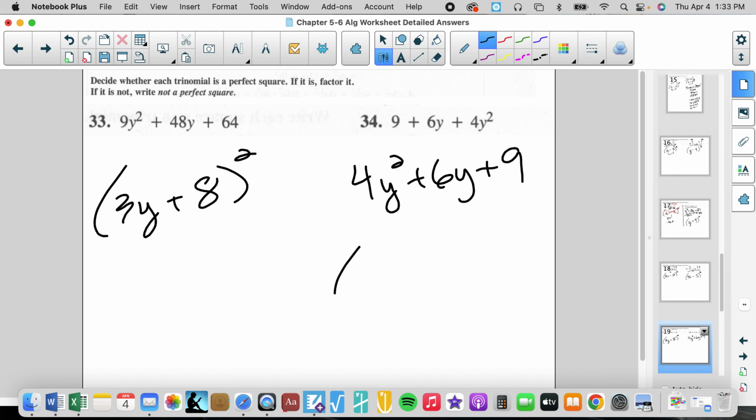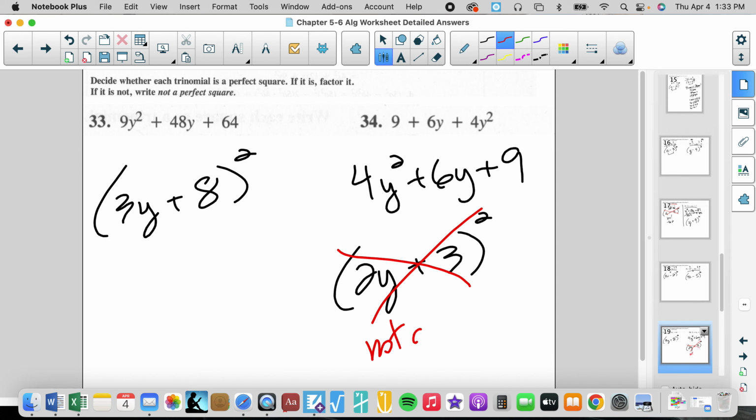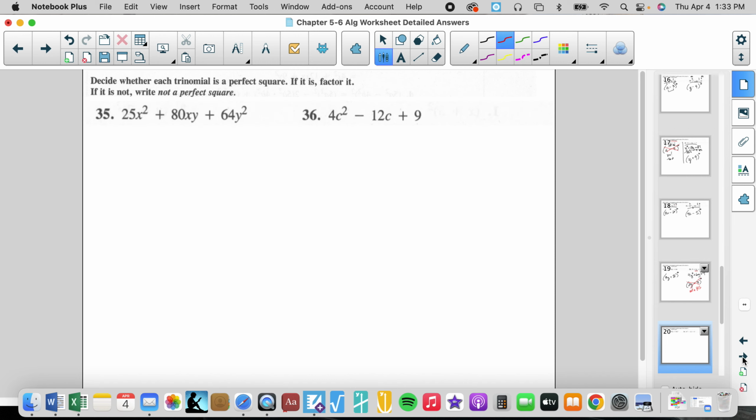Perfect square. I'm going to take the square root. I'm going to bring down that positive sign. 6 doubled. Ooh, no. Not a binomial square. That needed to be 12y to be a binomial square. So it's not to say that we can't factor, it's just not a special case.